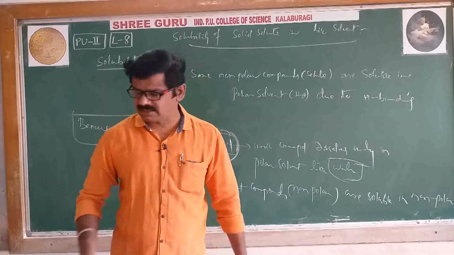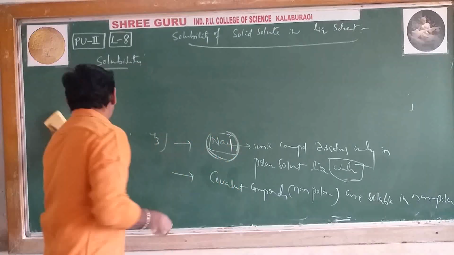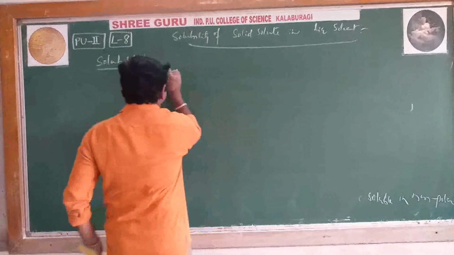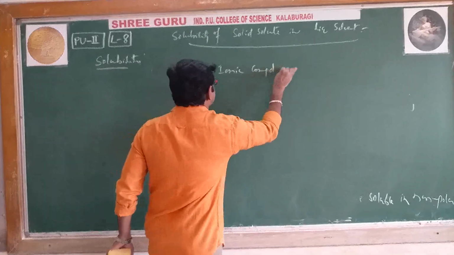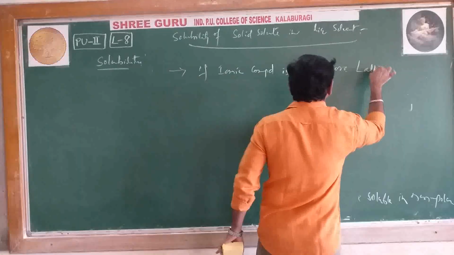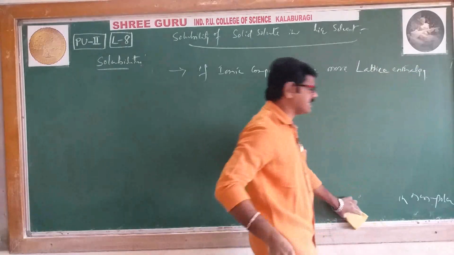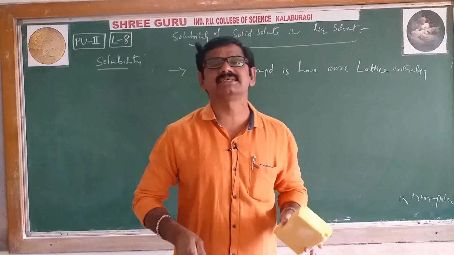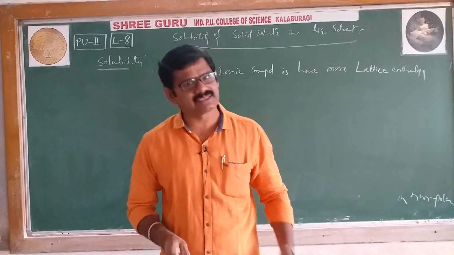Right. Next, one more point let's discuss now. If an ionic compound has more lattice enthalpy, please try to understand. What is the lattice enthalpy? That we have learned in our first year chemical bonding lesson.